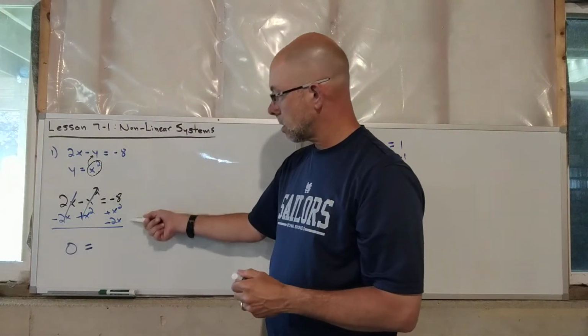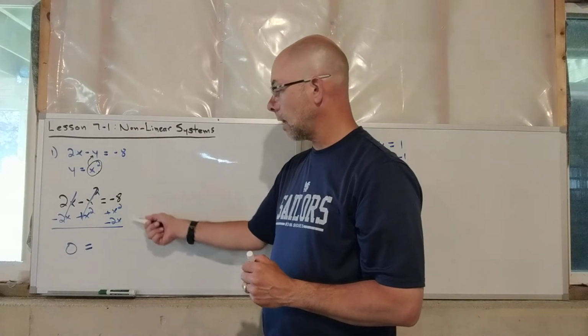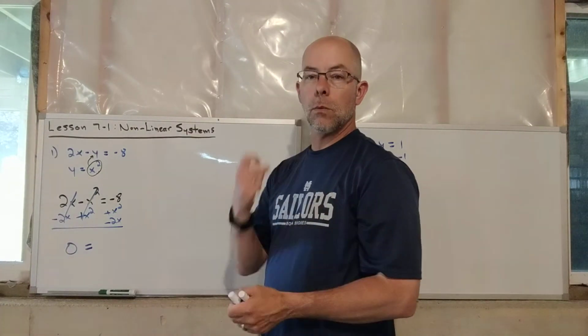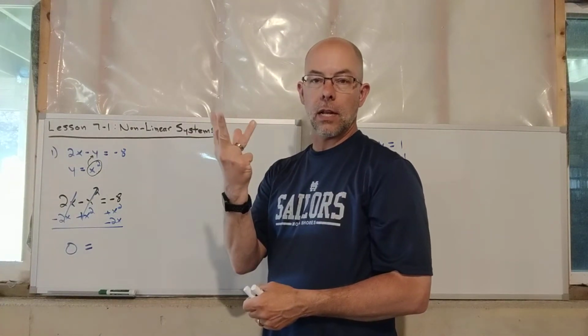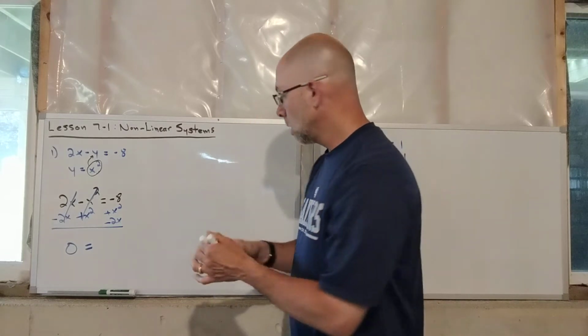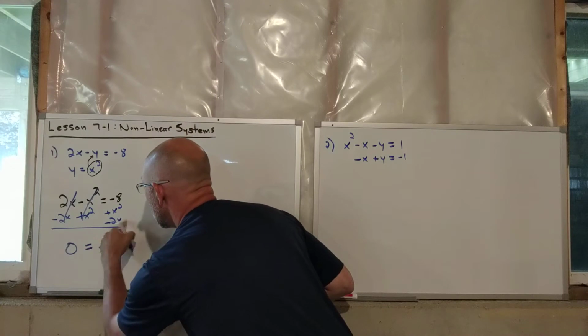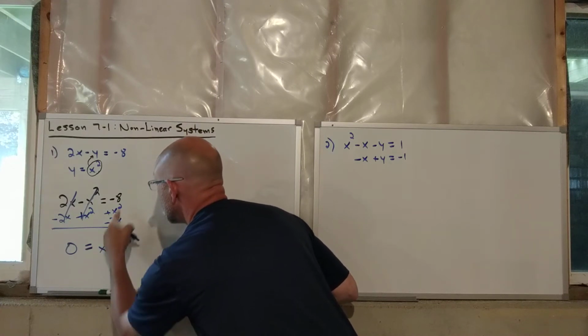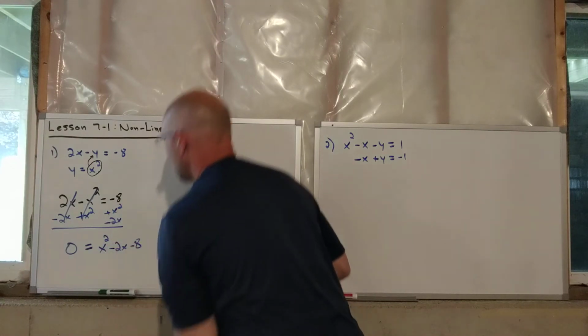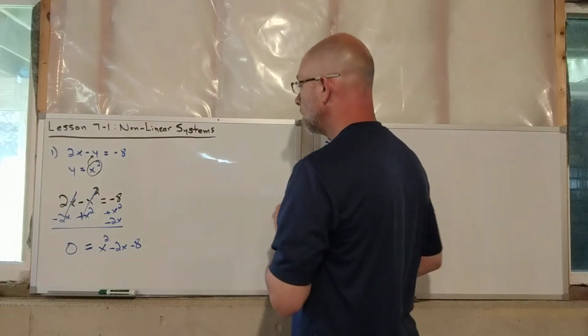Now, these are all stacked, messy looking, but they're not like terms, so I'm going to put them in the order that I want, which is x squared first, x second, number third. So that'll be x squared minus 2x minus 8.